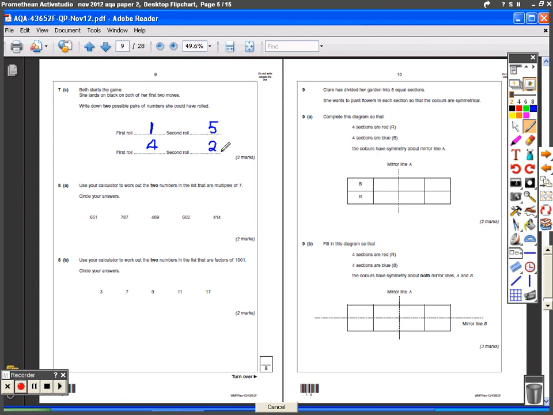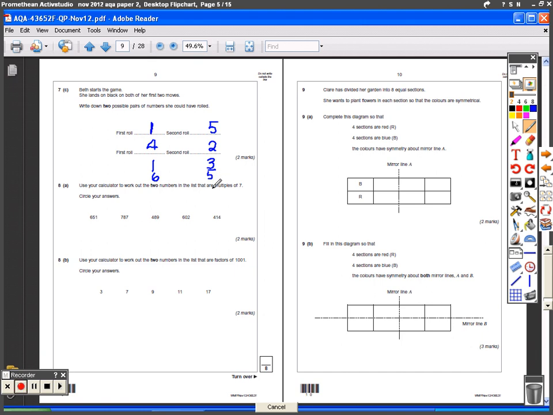She could also, of course, throw a 1 and then a 3, because the 4th square is also black, and she could also roll a 6 and then a 5, because if you look at the 11th square is also black. So she could have rolled a 6, landed on a black, and another 5 to land on a black as well.